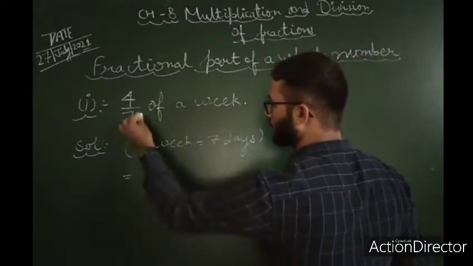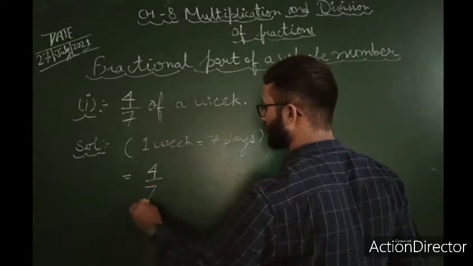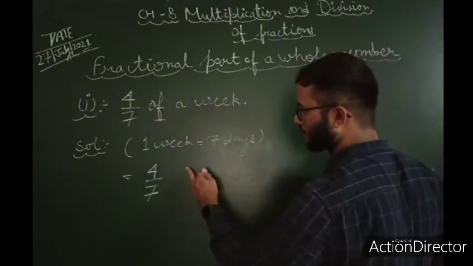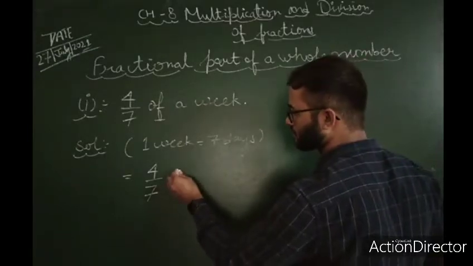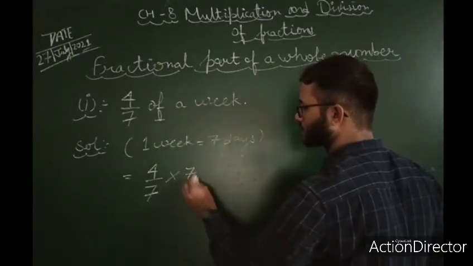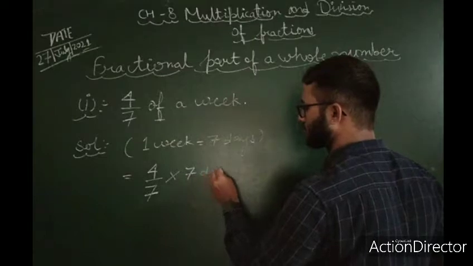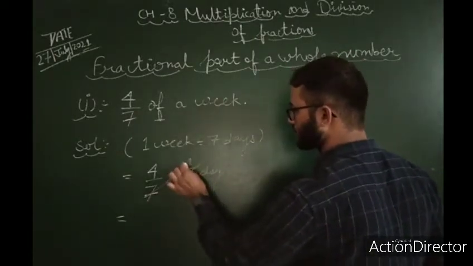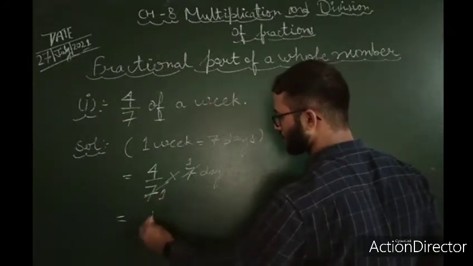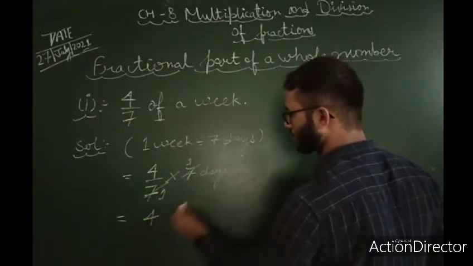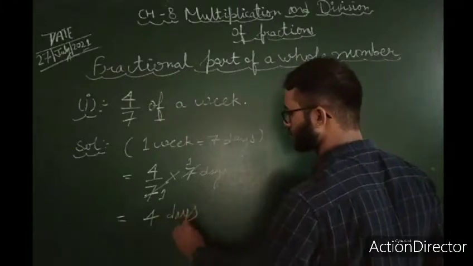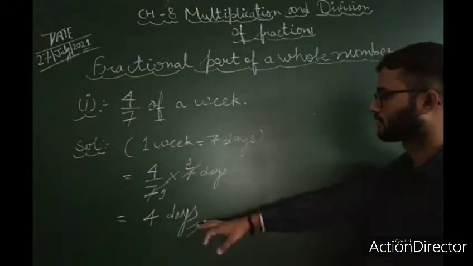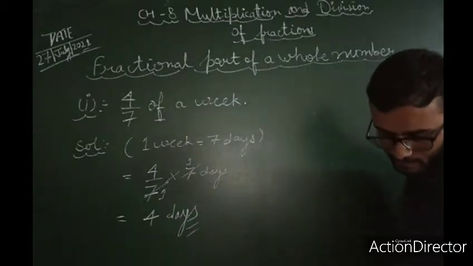So here we write 4/7 and we replace "of" by the multiplication symbol. So we write multiply by 7 days. So 7 cancels out by 7, 7 ones are 7, and here we get 4. So we write 4 days. So 4/7 of a week is equal to 4 days.